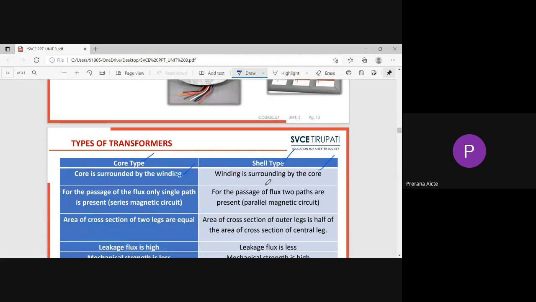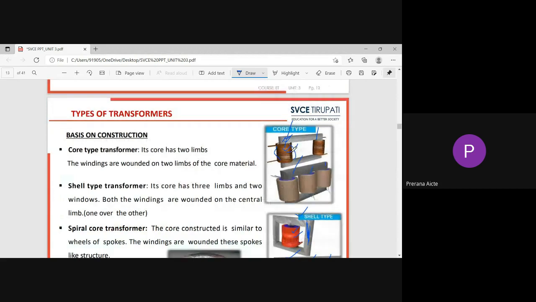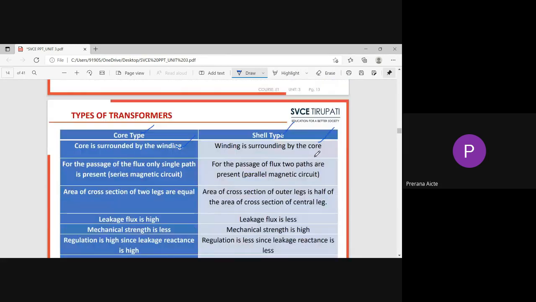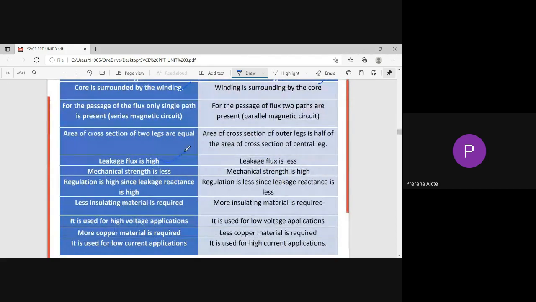There are also differences regarding leakage flux. In the core type transformer the leakage flux produced is more, and in the shell type transformer the leakage flux is less.